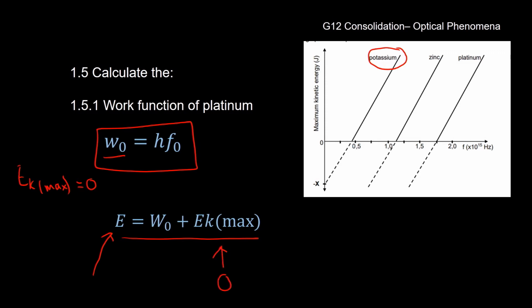Why? Because for a threshold frequency and for a work function, that electron is moving just from under the surface to just on the surface. This would be the more reasonable equation to use because it involves a smaller number of values to substitute into the equation.